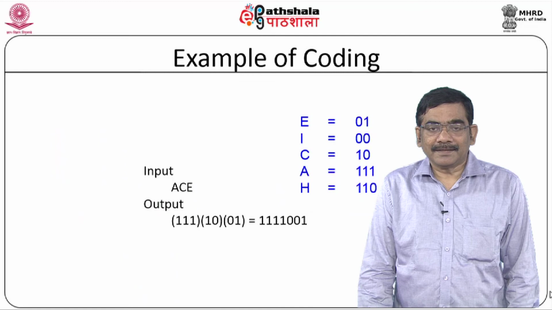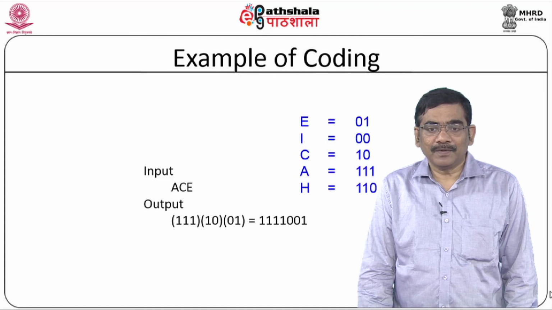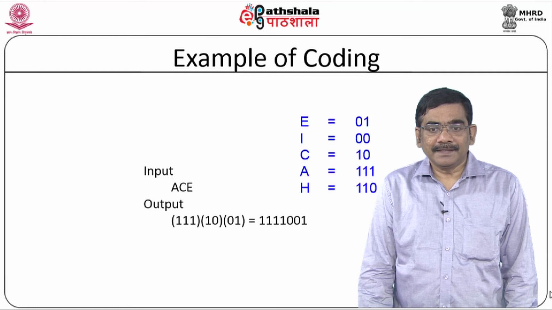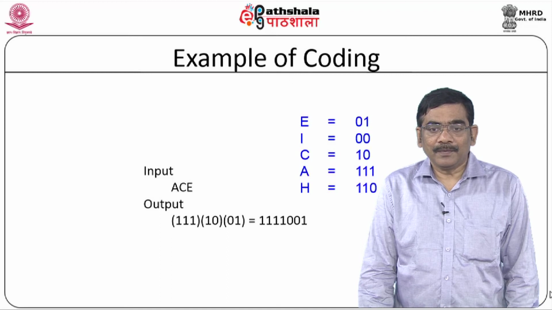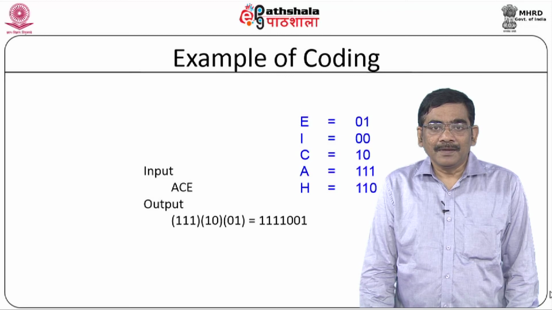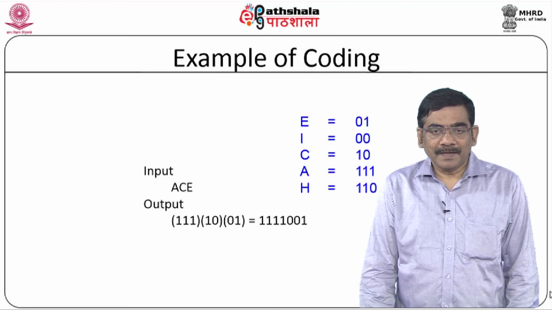So, imagine like this. I want to transmit the message ACE across the channel. For A it is 1 1 1, for C it is 1 0, and for E it is 0 1. So, I will be sending the binary stream 1 1 1 1 0 0 1 across the channel, and this bit stream will be received.